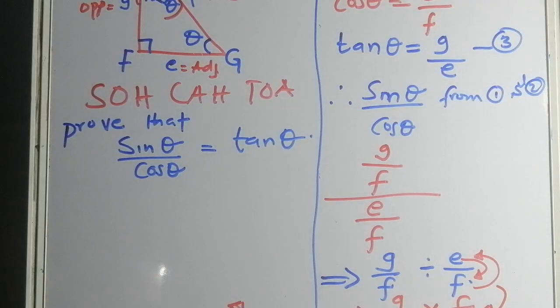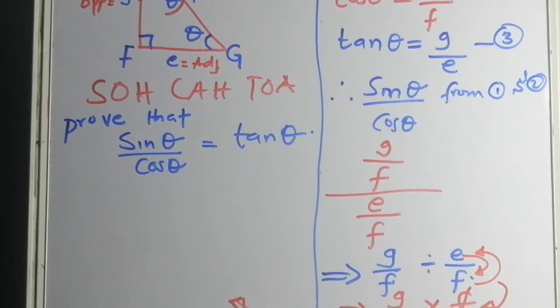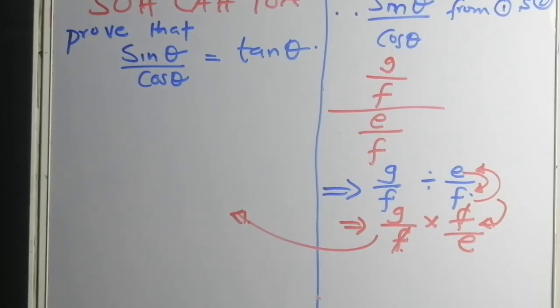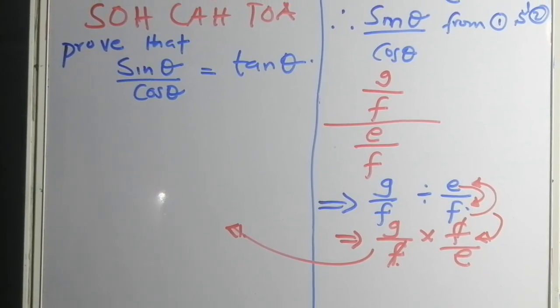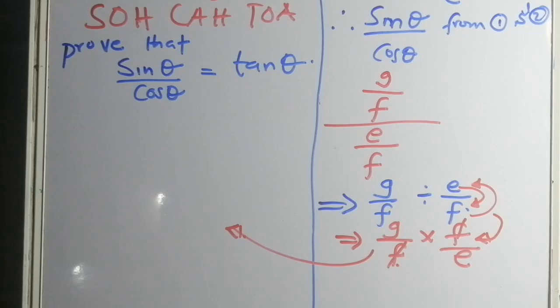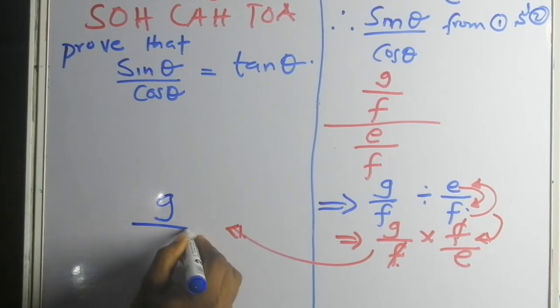At the end of the day, F will cancel F. So by the time you cancel F and F, you will get your value, which is G over E.